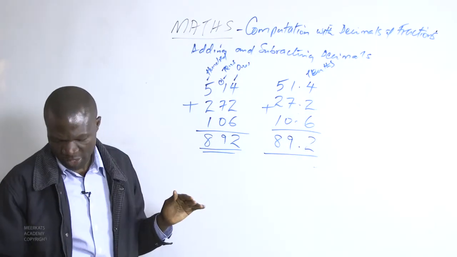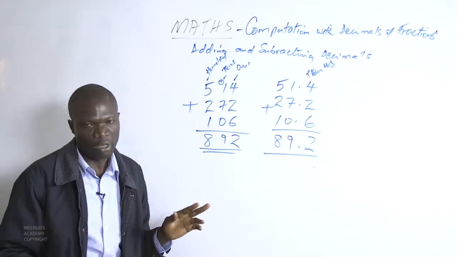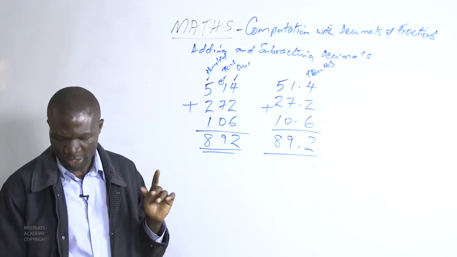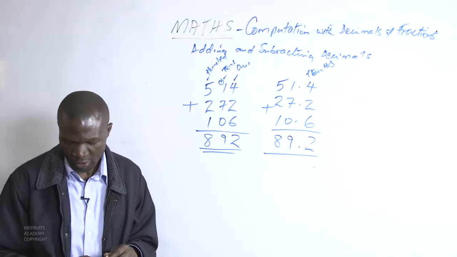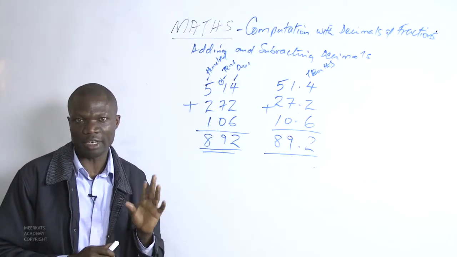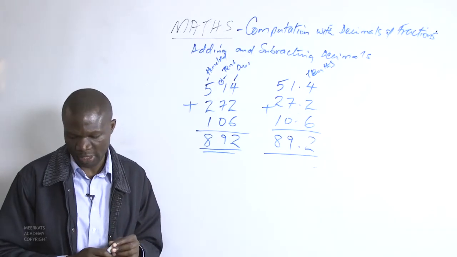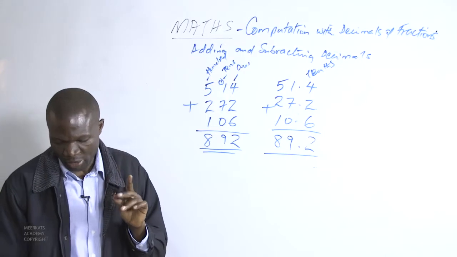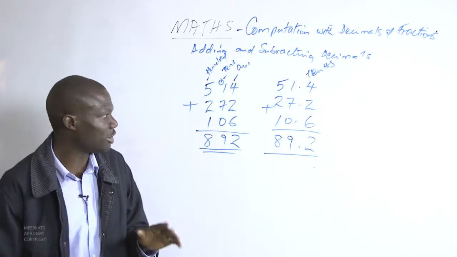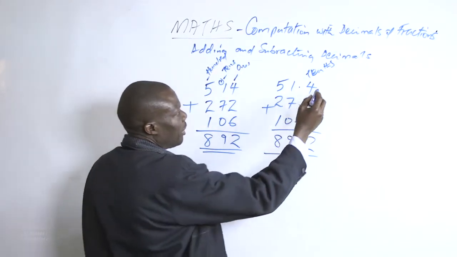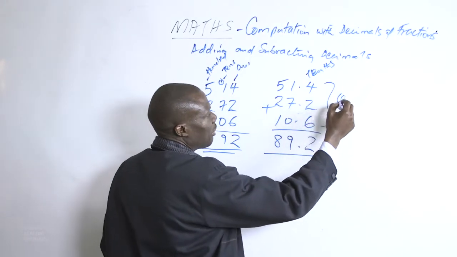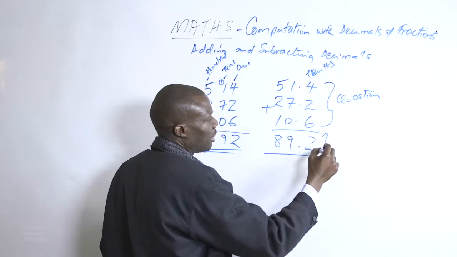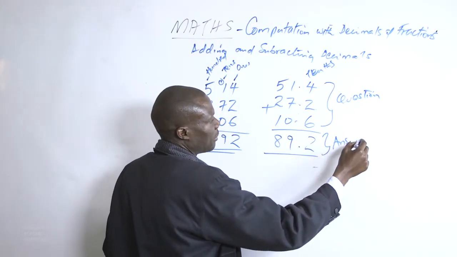Having done that, we look at the location. The location of the decimal point in the answer is directly in line with the location of each decimal point in the question. From here to here, this is our question, and this one here is our answer.